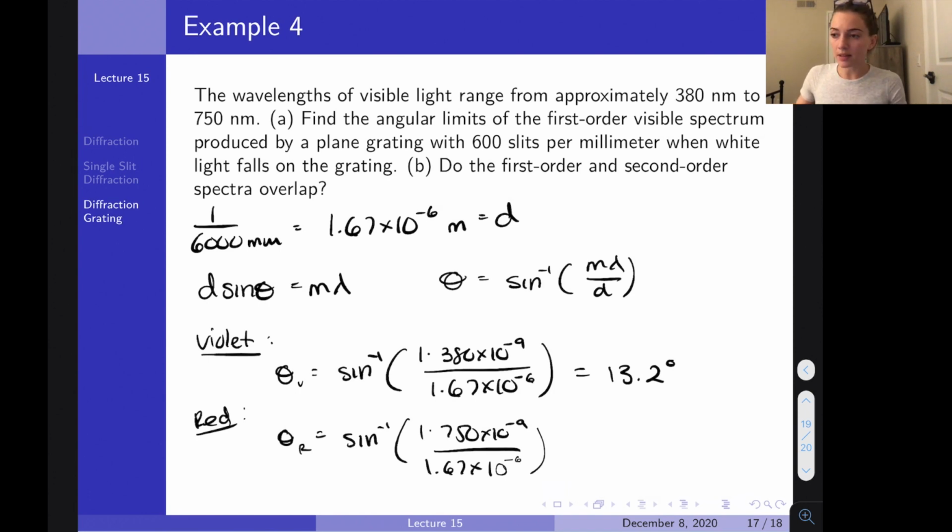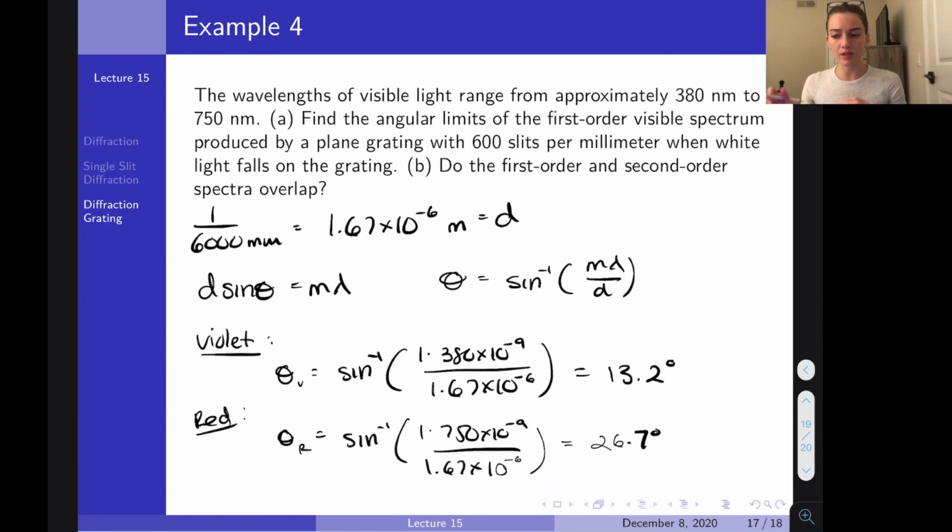Plug this into your calculator and you will get 26.7 degrees. So these are the angular limits. Violet diffracts the least, at only 13.2 degrees from the center, and red will diffract more, at 26.7 degrees.